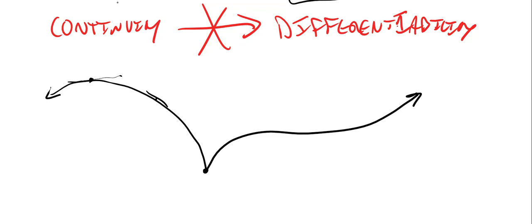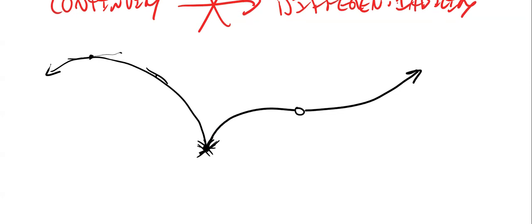There's no specific one tangent line, and we would not be able to find a derivative there. It's not differentiable at that point where we have a sharp turn like that. It would also not be differentiable when we have a hole in the function. We also would not have a derivative at a point like this.